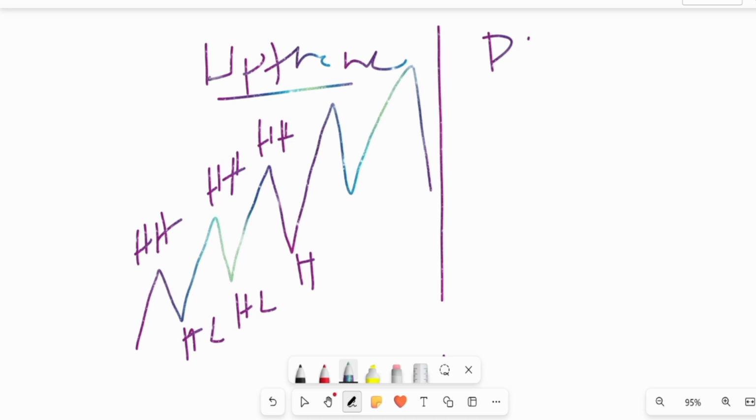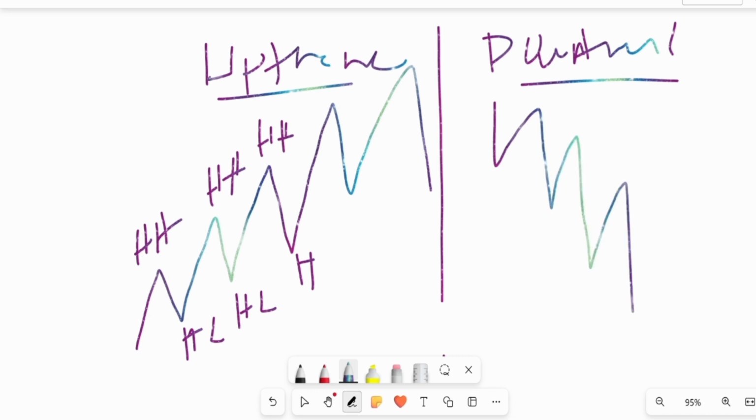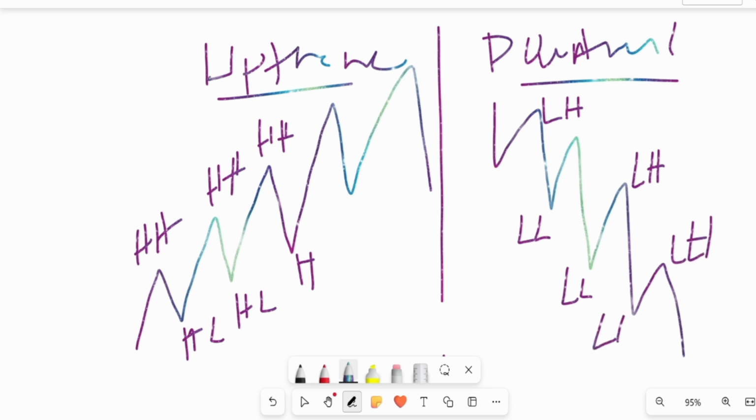In a downtrend, you have a series of lower highs and lower lows. Lower high, lower low, lower high, lower low. So those are the uptrend and the downtrend.